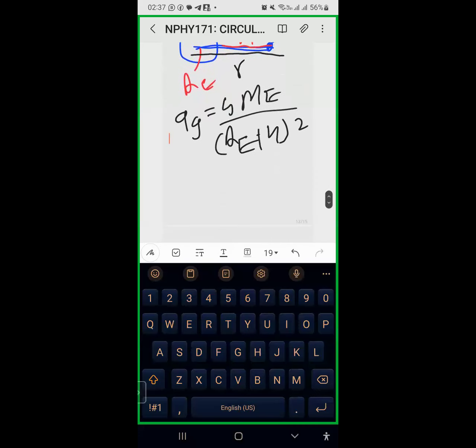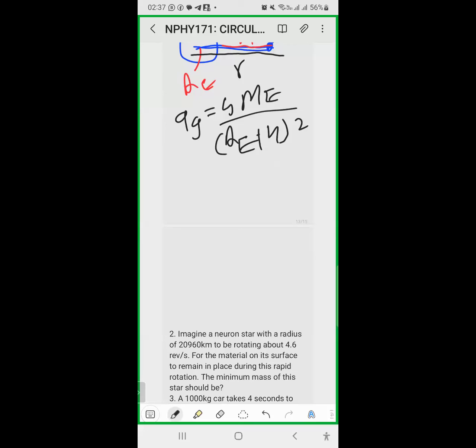Then we continue. So the question says the gravitational acceleration is 4.9 at an altitude of. So we have to make h the subject of the formula. In making h the subject of the formula, this whole term squared will be equal to G times Me divided by ag.